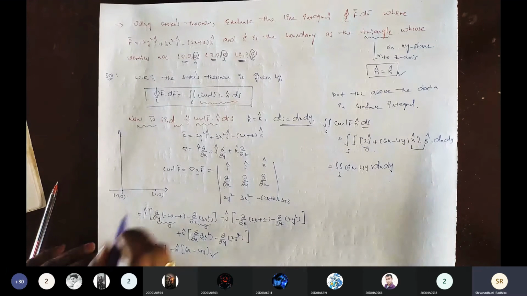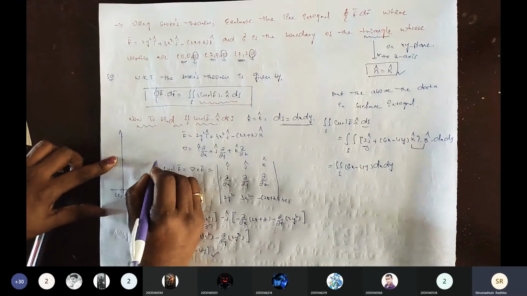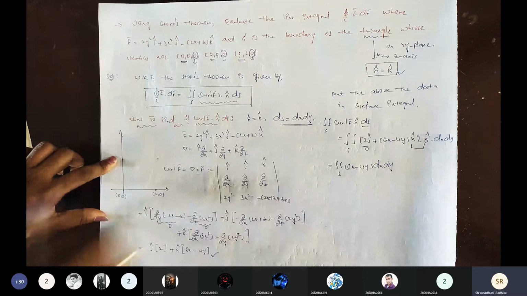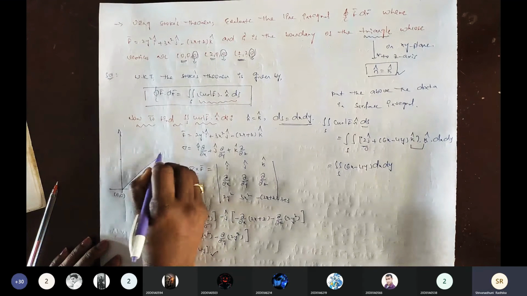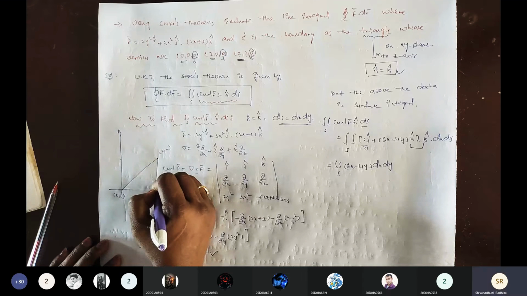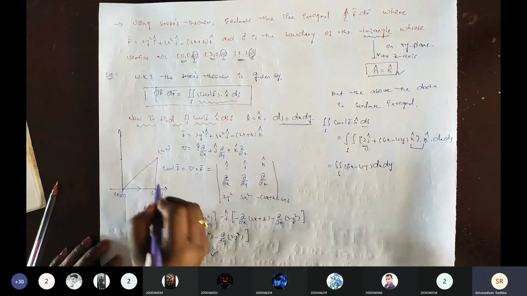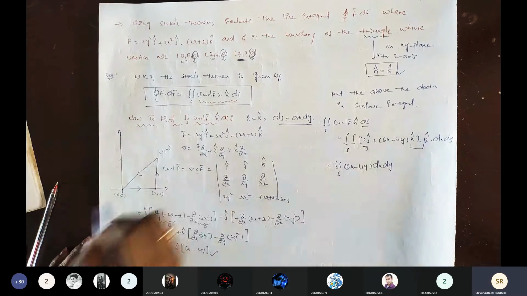So this is 2,2, and the lines join from 0,0 to 2,0, 2,0 to 2,2, and 2,2 to 0,0.